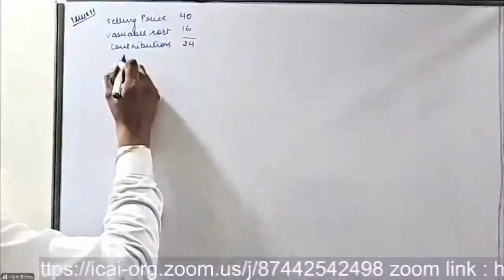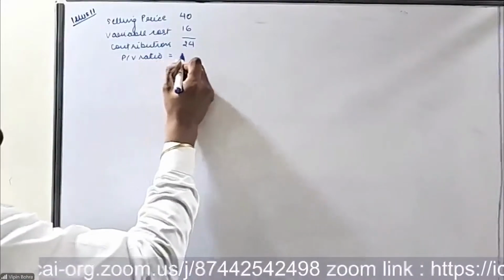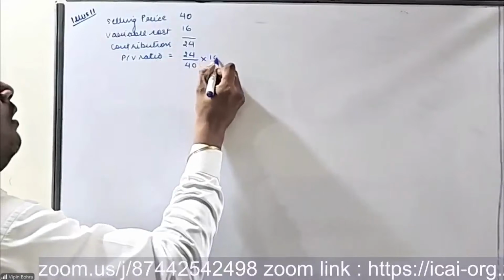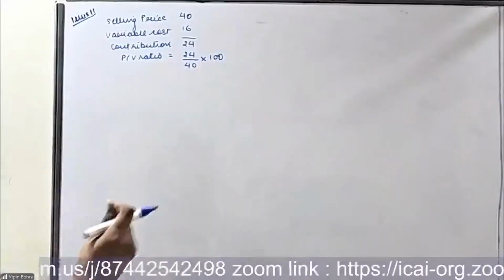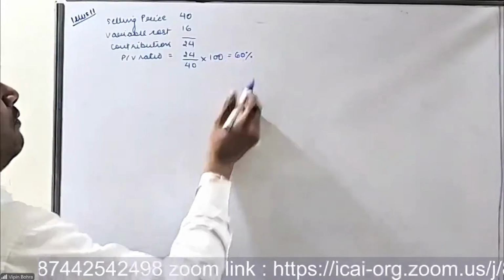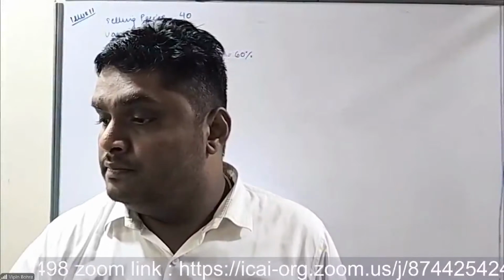So the PV ratio is 60%. Now, the fixed cost is 4,80,000.